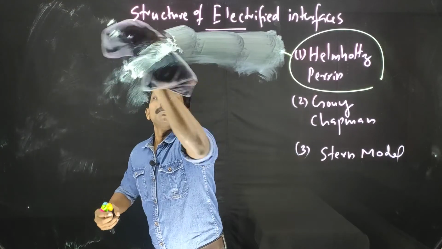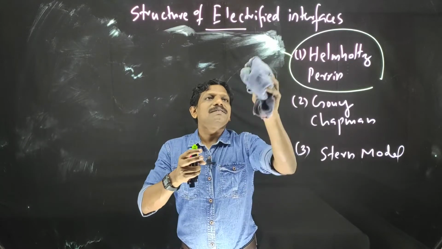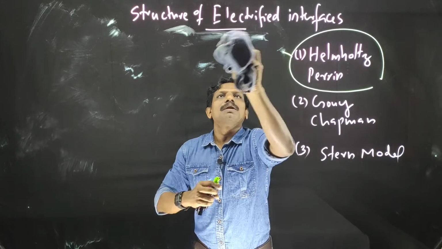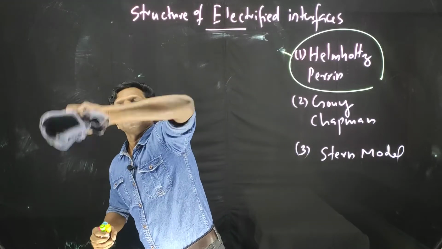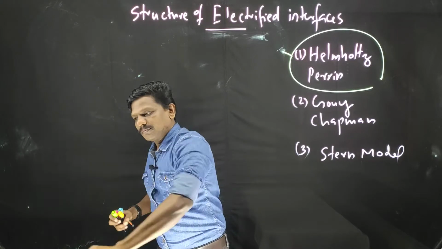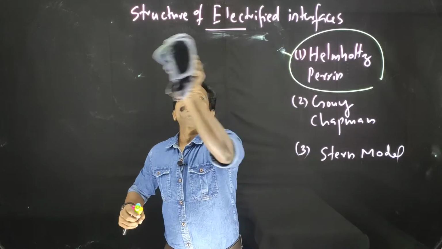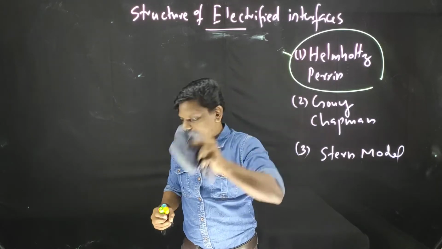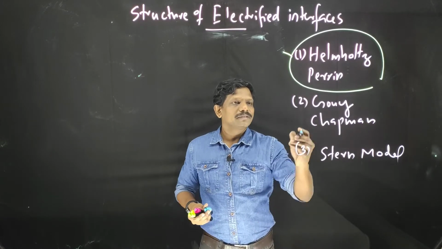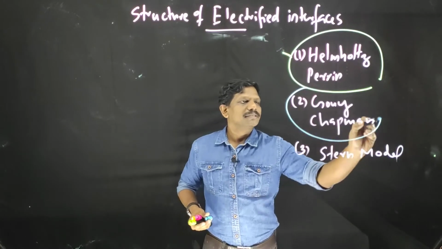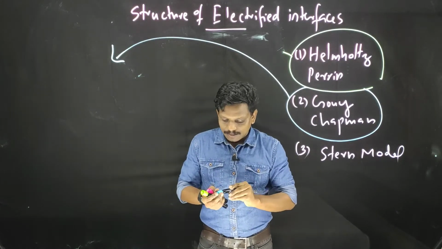So this particular Gouy Chapman model is known as a flexible model for the electrified interfaces. So let us see what the Gouy Chapman model is. The second one is the Gouy Chapman model.